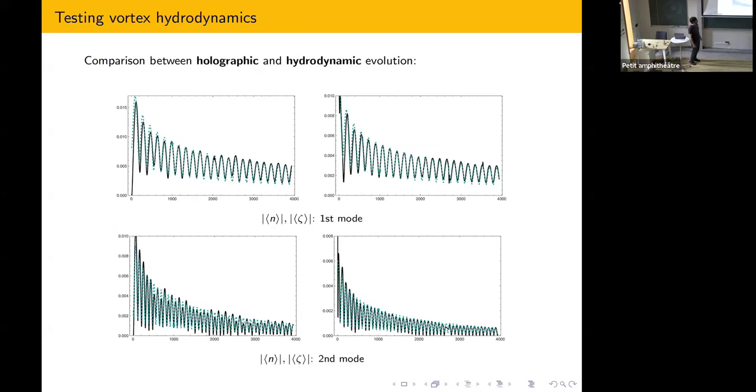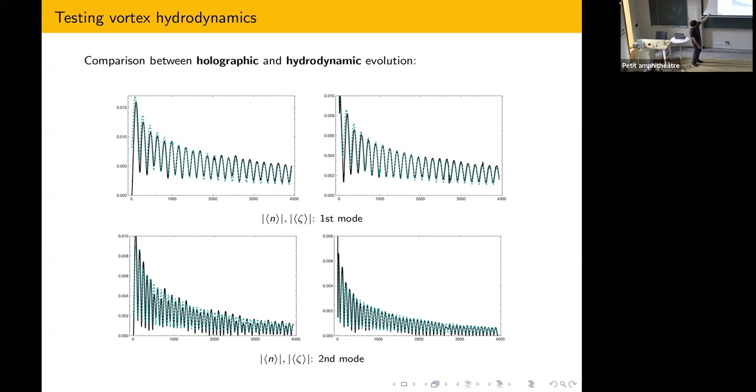But here I'm showing the comparison between the lowest and the second lowest hydrodynamic mode. With black, it's just the exact holographic computation, and with blue, we saw the evolution of the hydrodynamic equations. We see good agreement, especially for the lowest mode.